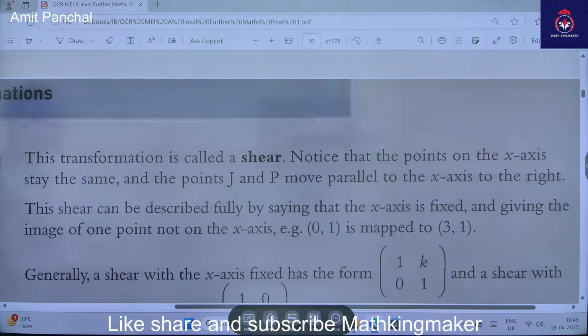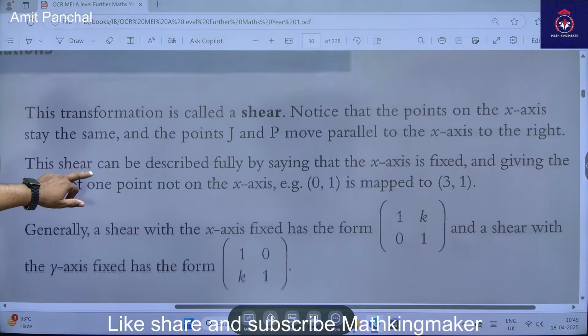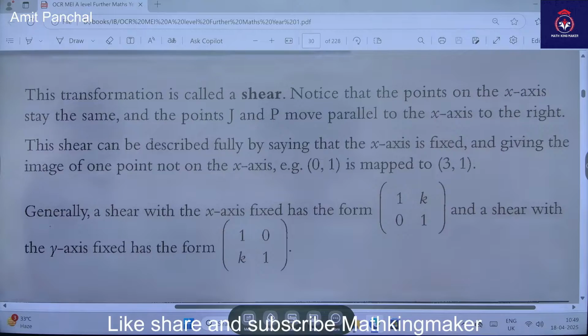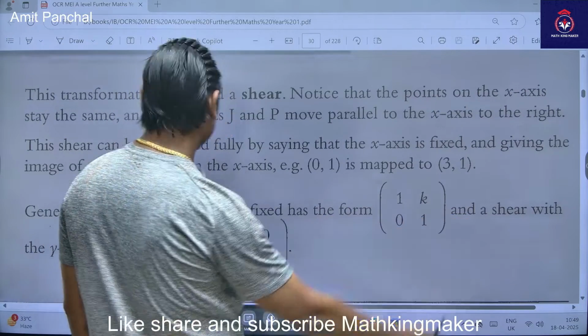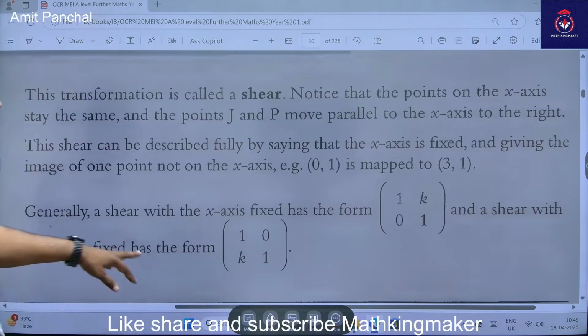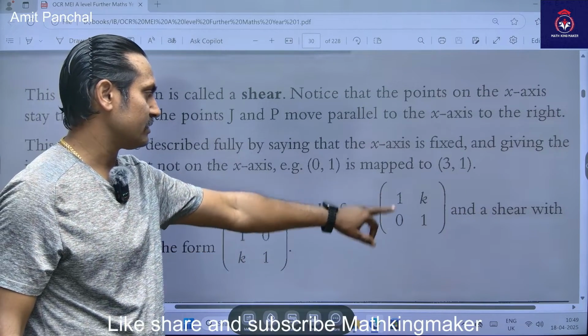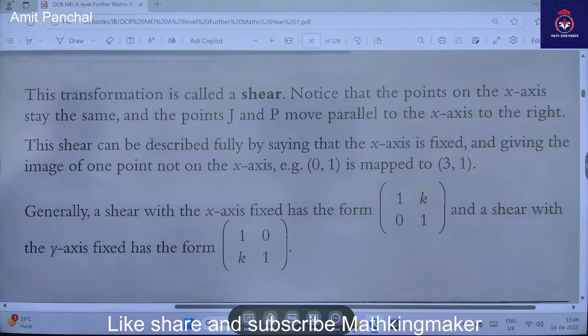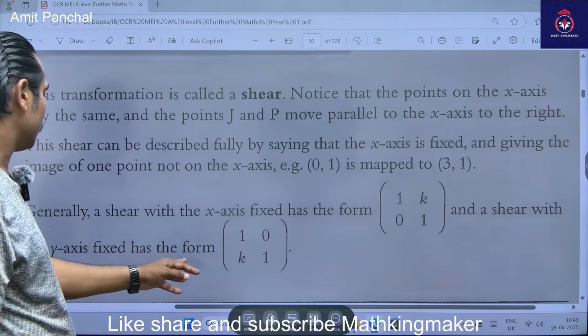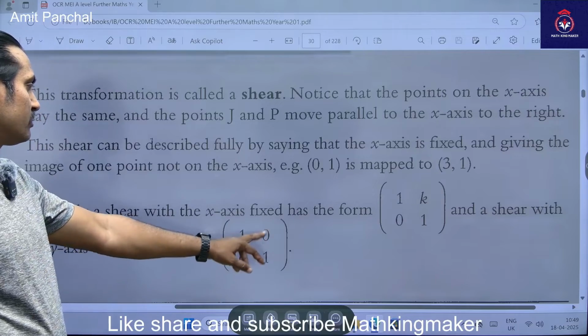Now generally, a shear with the x-axis fixed has the form 1 0, k 1, and there is also the shear with the y-axis fixed. Here we have the x-axis fixed. If the y-axis is fixed, your x part will be 0 here.